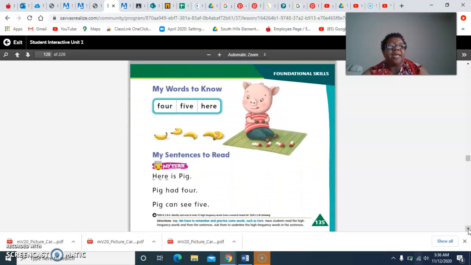Next, you have your sight words or high frequency words: four, five, and here. And it says, my sentences to read. So practice reading these sentences. Use your pointer finger and point to each word one at a time.